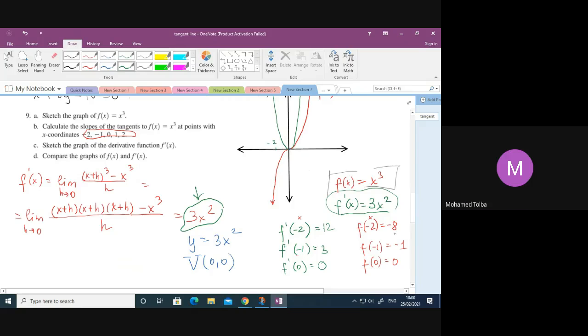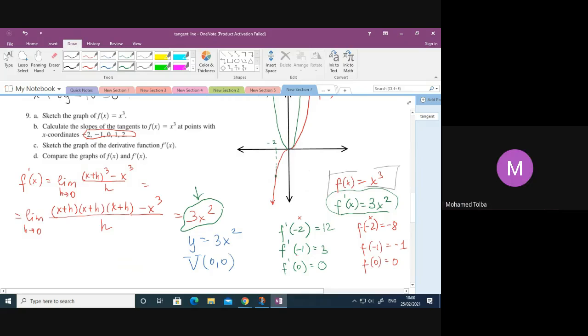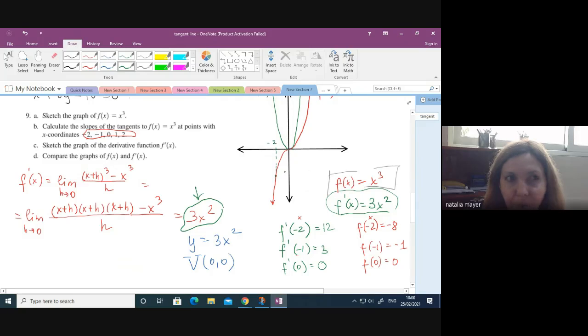The red one. So if I drop the perpendicular here, you understand that this is a sketch, of course, it might not be accurate. So that's gonna be -8.